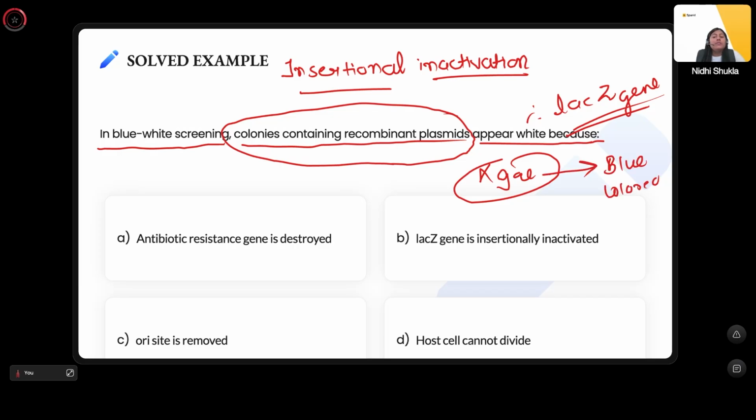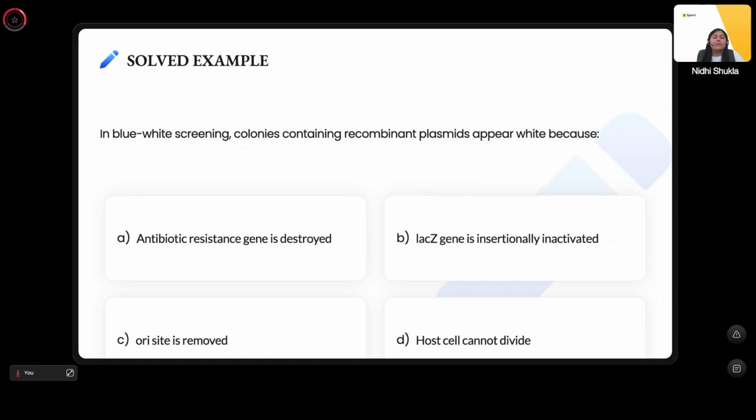Hence, the colonies will appear white. So your answer is B, because the option says the lacZ gene is insertionally inactivated. And what is inserted? Here your foreign DNA or gene of interest is inserted.